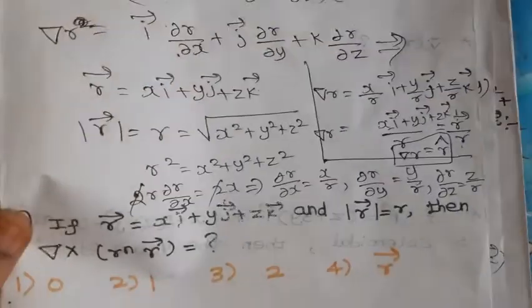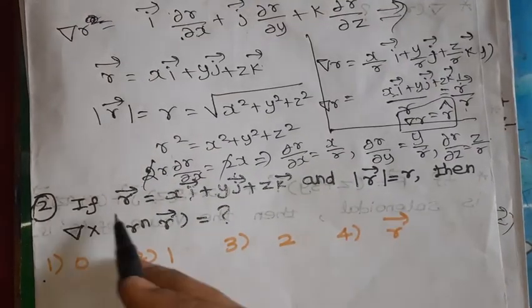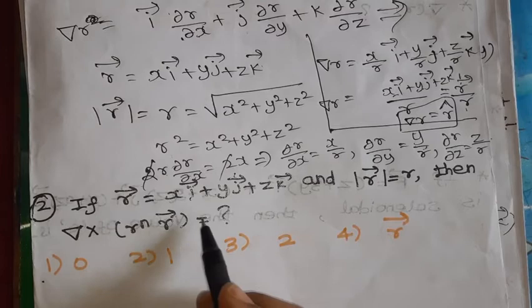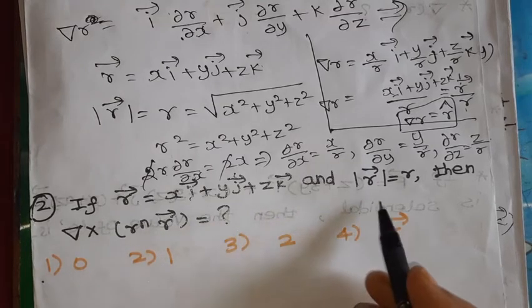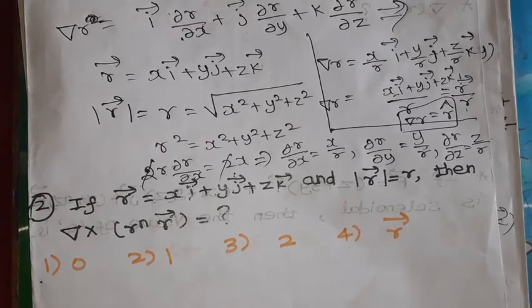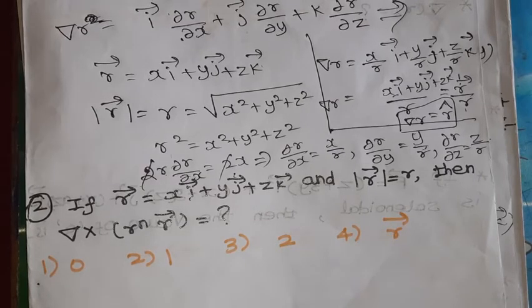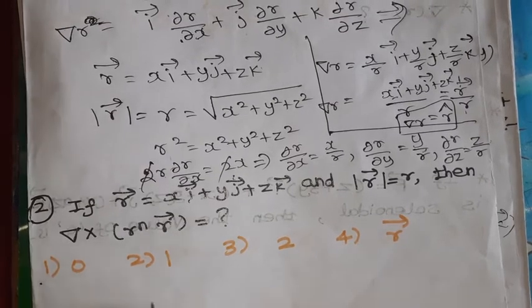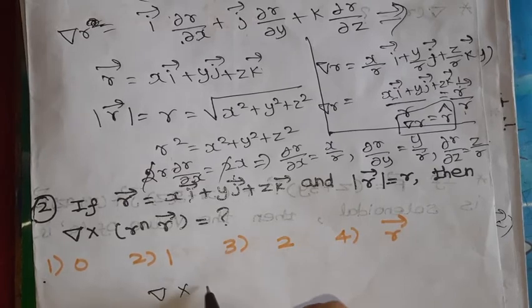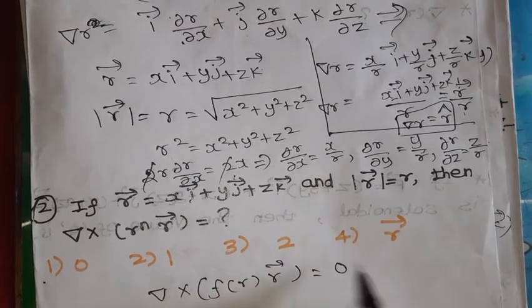Then we'll move on to the next problem. If r equal to xi plus yj plus zk and modulus of vector r equal to r, then del cross r power n into vector r is equal to what? This is a standard formula: del cross f of r into vector r is nothing but 0.